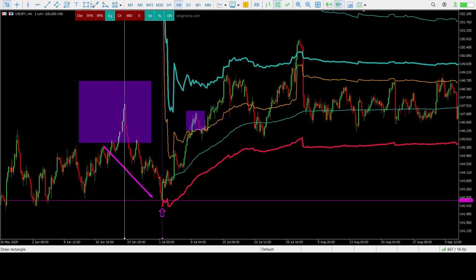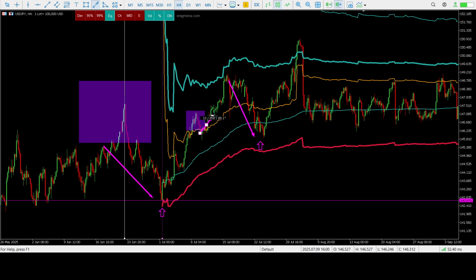Anyhow, what I looked for, I received it after that. The market dropped below the equilibrium, and here are the next longs.